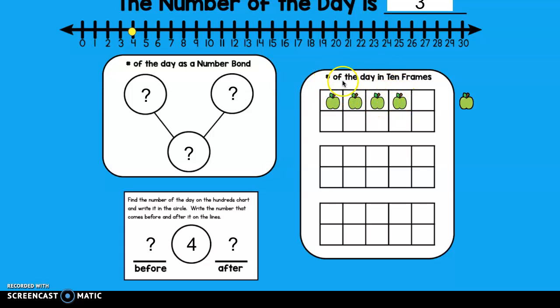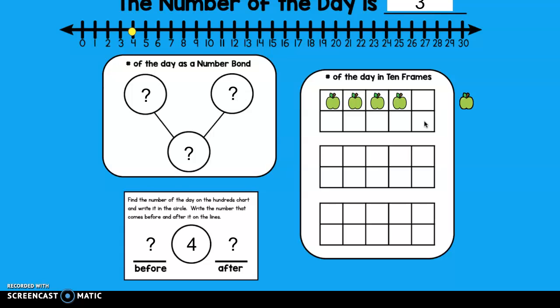Excellent. Good. How many more apples do we need to make 10? So if this is a 10 frame, and a 10 frame has 10 squares, how many more do we need to make 10? We can count to figure that out. So let's count. 1, 2, 3, 4, 5, 6. So we need 6 more apples to make 10.